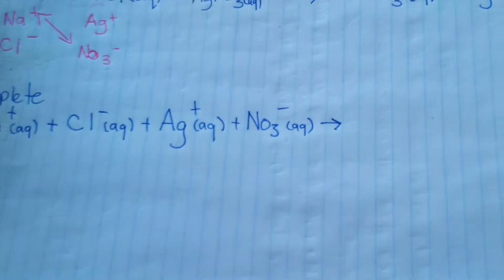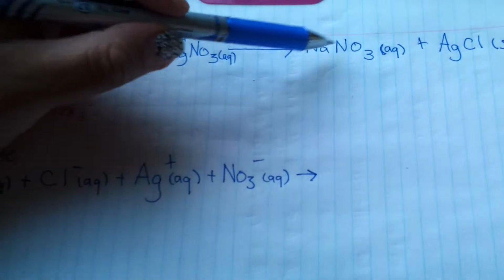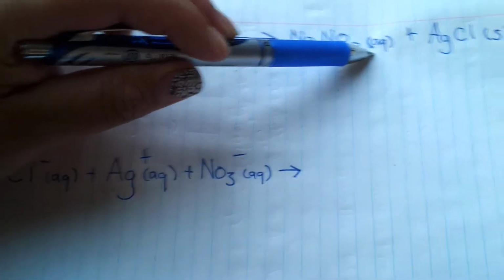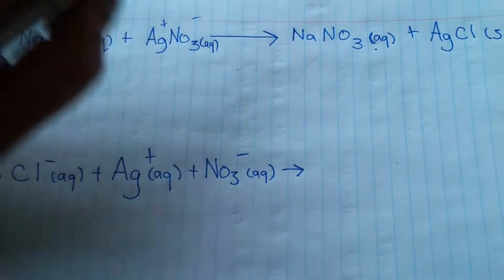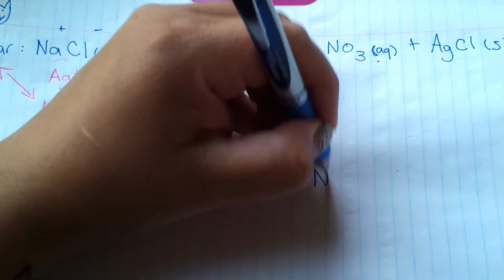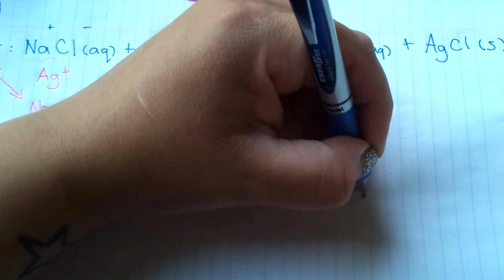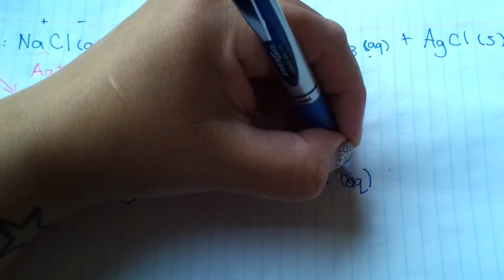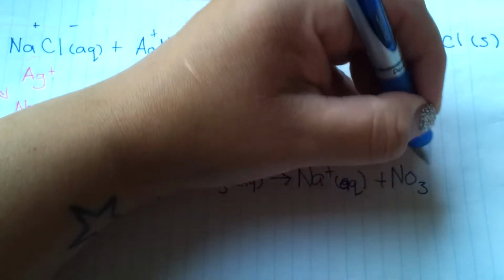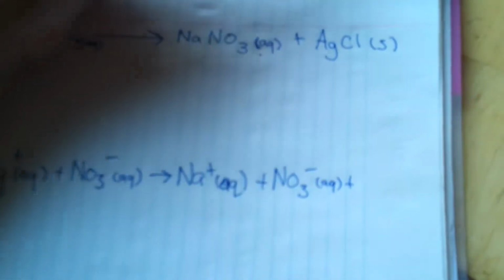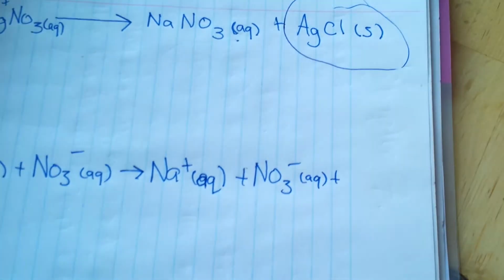Here is our little arrow. So we have this aqueous solution. Aqueous on the product side can break down. So we're going to have sodium again, aqueous, plus nitrate, aqueous, plus, and because this is a solid, it is not going to break down.